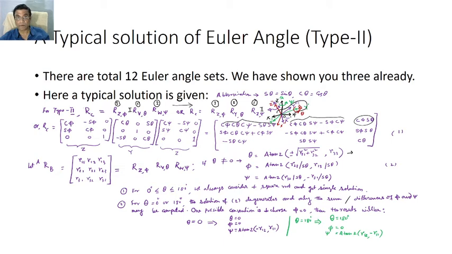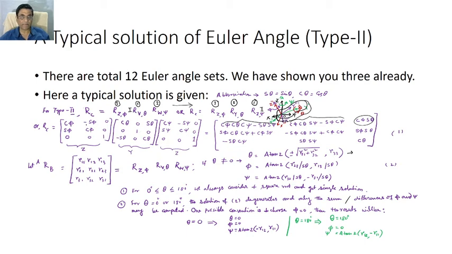So the body, with these three orientations, will take some orientation. It will be kept in some orientation, and the description of which can be given by multiplying the three matrices. These are the three matrices: rotation about z by phi, then a rotation about y, and then rotation again about z.